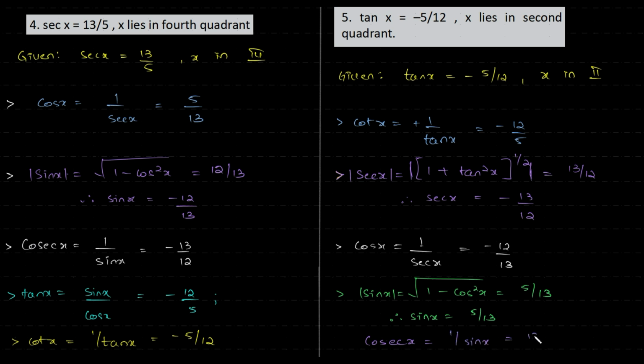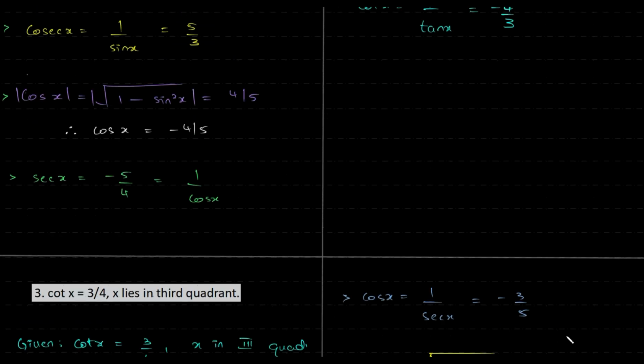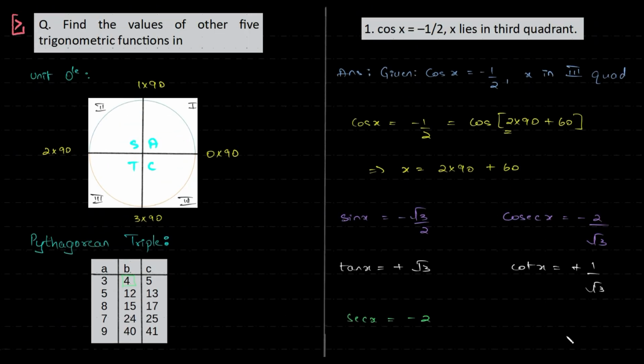So this is 13 by 5. And these are your set of answers. Again, you can calculate in many ways, but I showed you my way so as to revise all the concepts and the relationships rather than using Pythagorean triplets and the Pythagorean theorem directly. Okay, so try to learn this way, it's going to help.